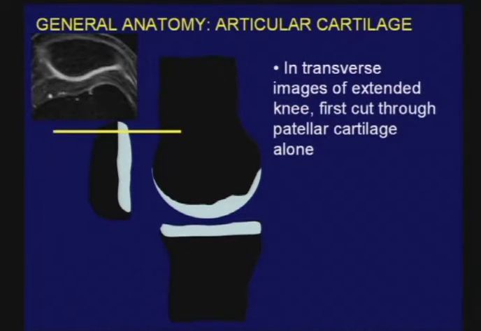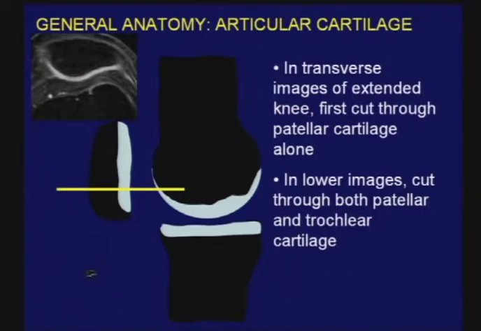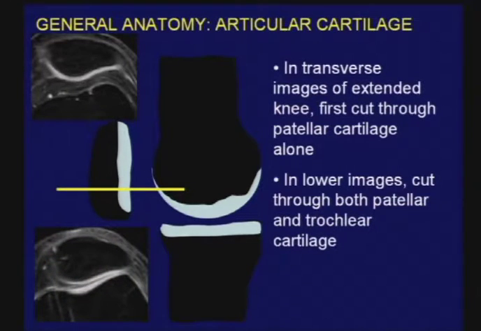This is not a proper level. It is too high to look at the trochlear cartilage. As we go down lower, of course, the trochlear cartilage will come into view, and this is showing you now a beautiful articular surface here. So do not evaluate that surface on the high axial images through the patella.